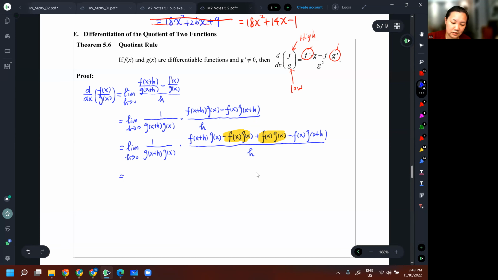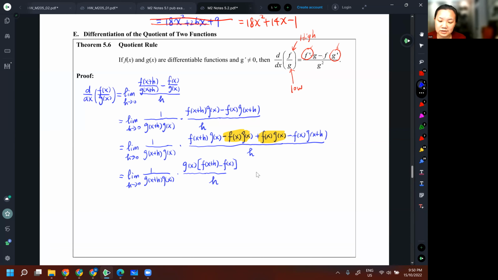And then this is the limit of g. This one, the first one is g bracket f of x plus h minus f of x divided by h.